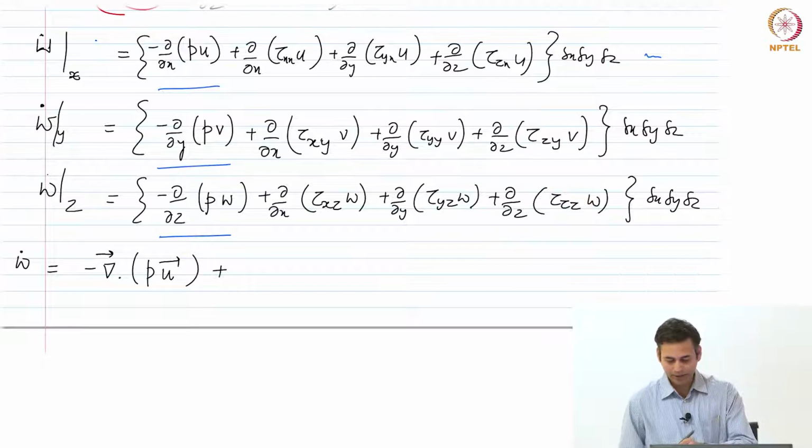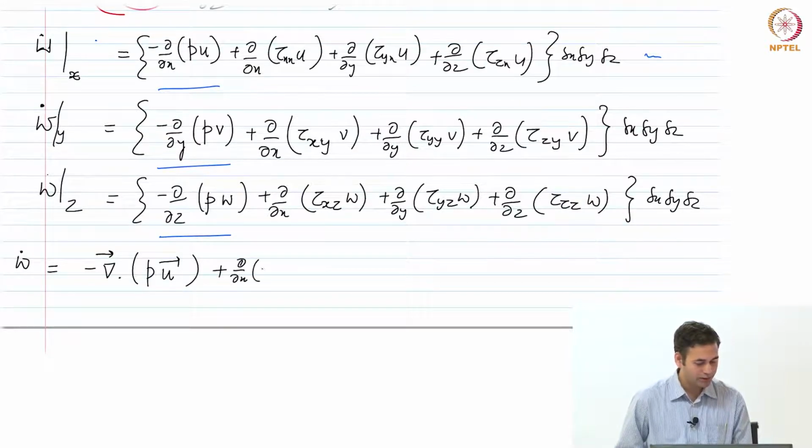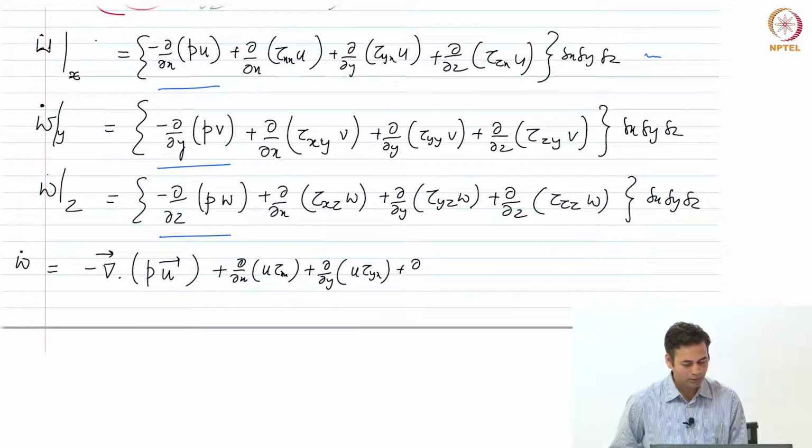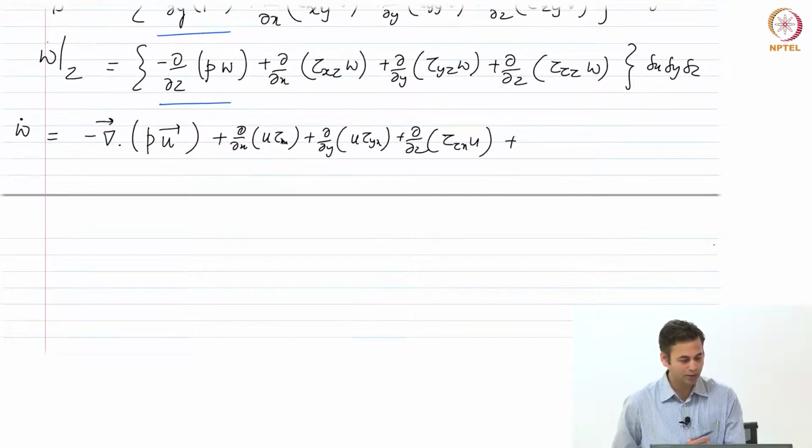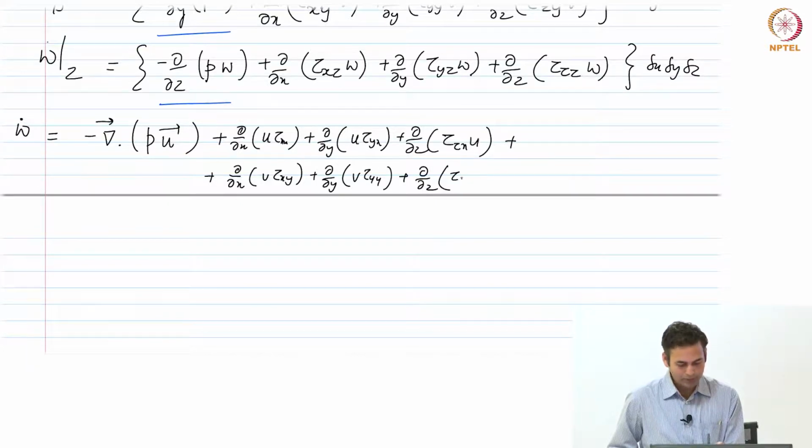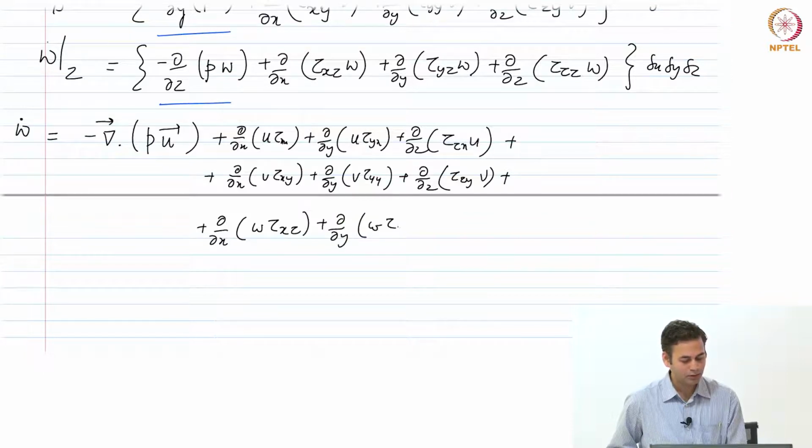Which of course I can repeat here again. That would be partial x u tau xx, partial y u tau yx, partial z tau zx times u, plus partial x v tau xy, partial y v tau yy, partial z tau zy times v, plus we have w tau xz, w tau yz, tau zz times w.